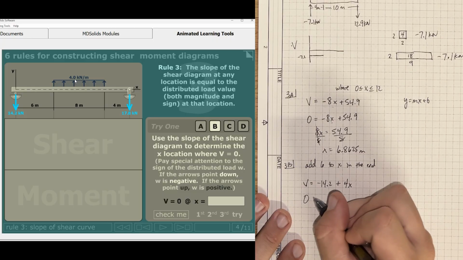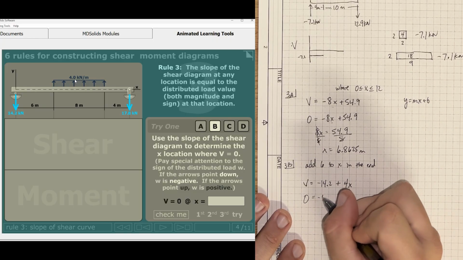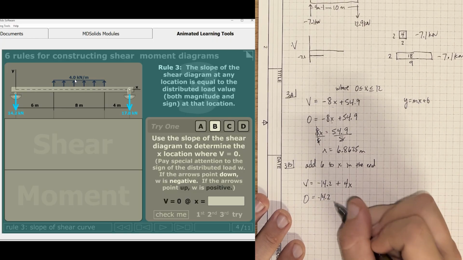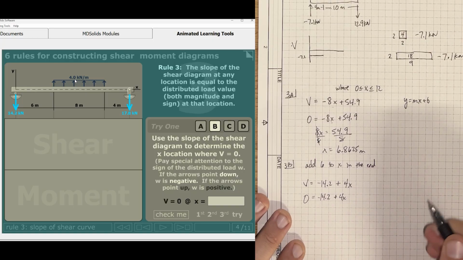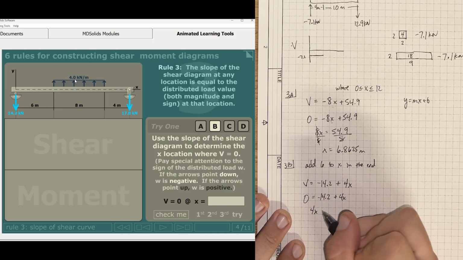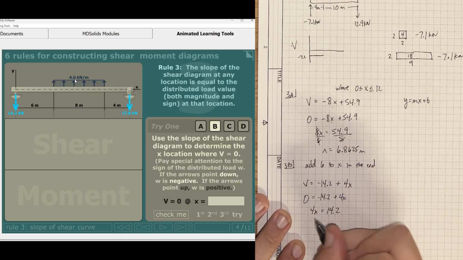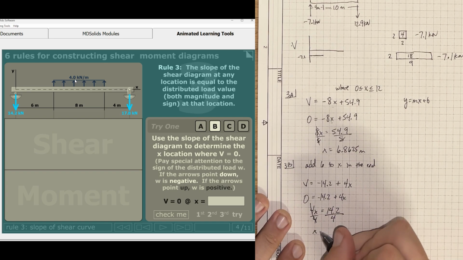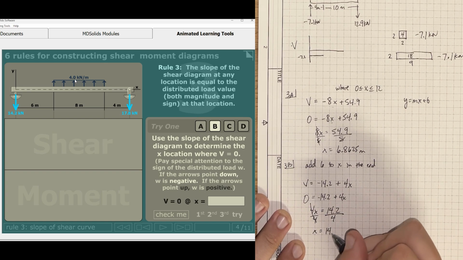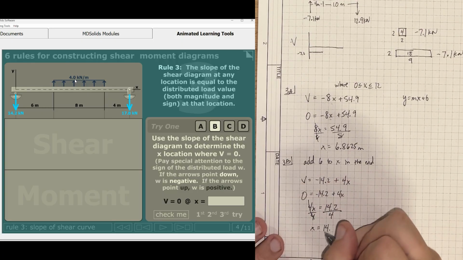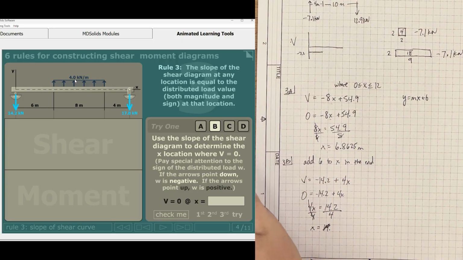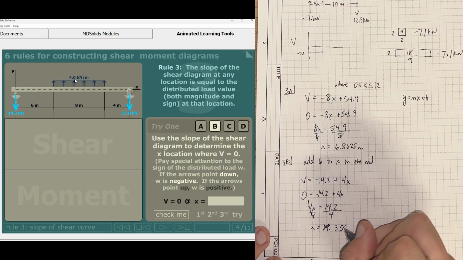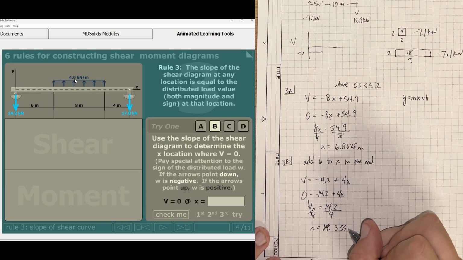We can set V equal to 0 here: negative 14.2 plus 4x. Now we can set 4x equal to 14.2, and divide both sides by 4. So x equals 14.2 divided by 4, and that's going to end up being 3.55 meters.